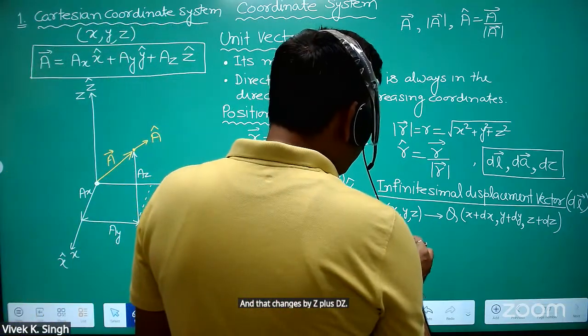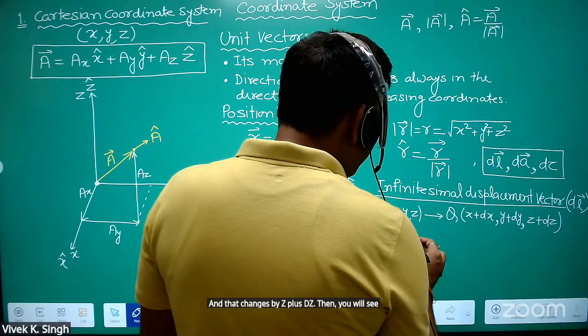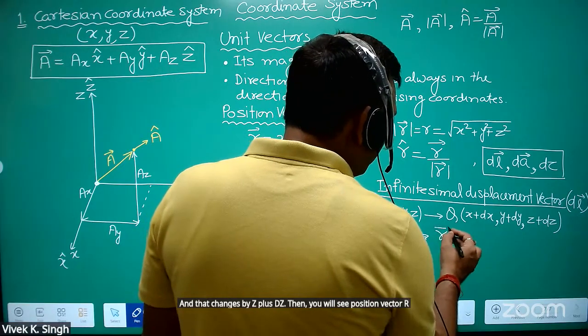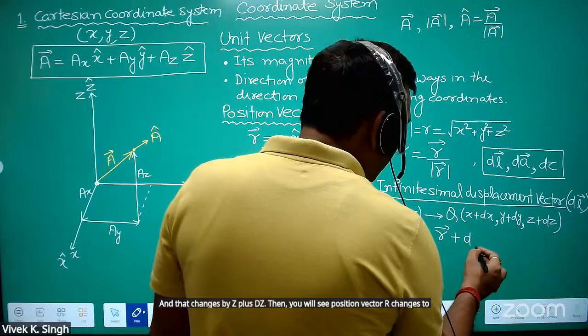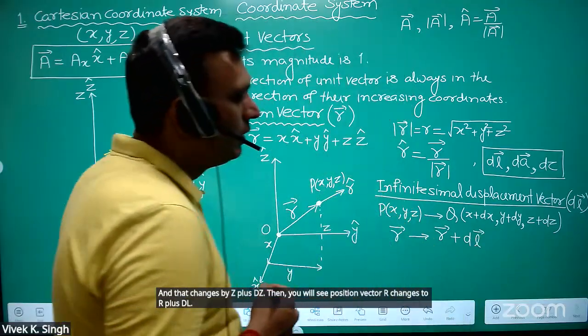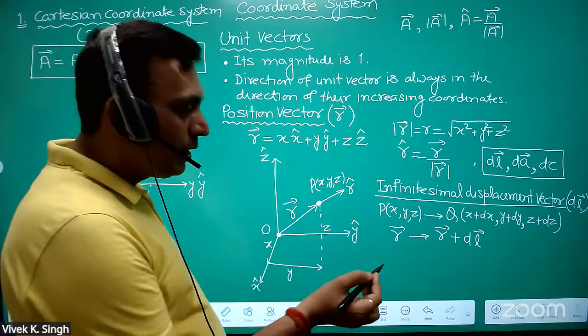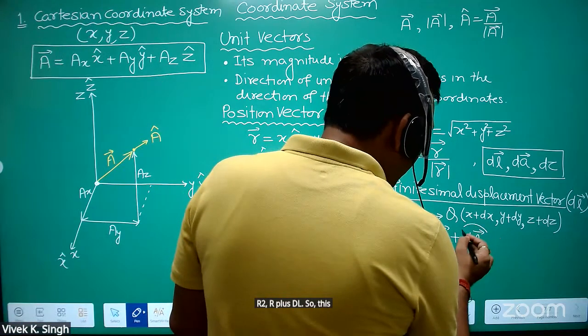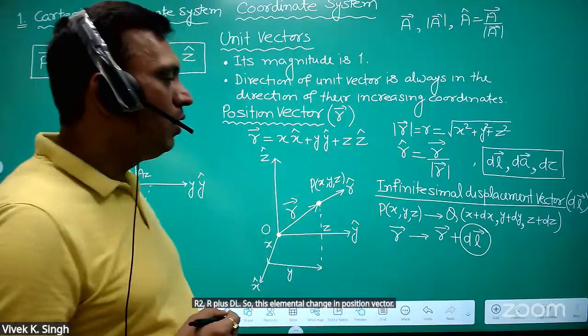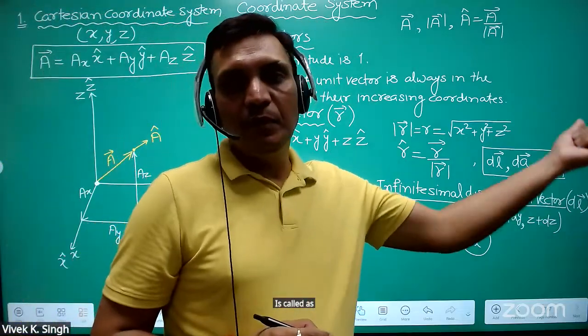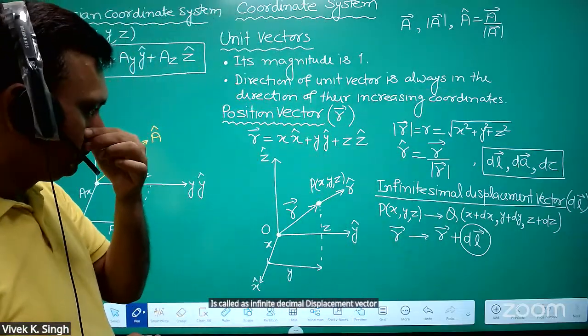Then you will see position vector r changes to r plus dl. So this elemental change in position vector is called the infinitesimal displacement vector. Yes or no?